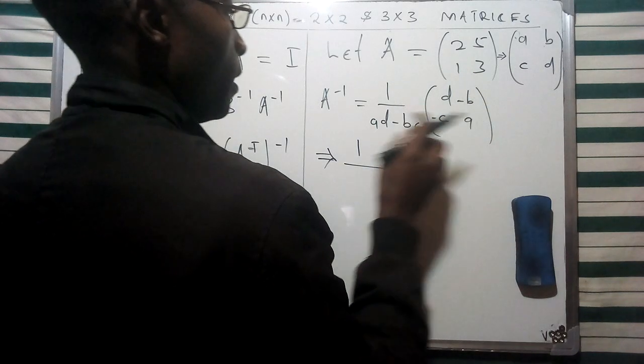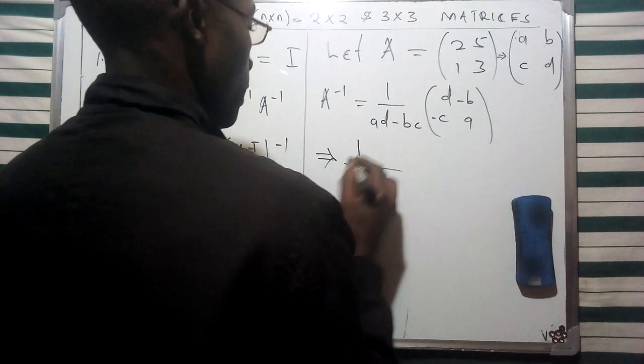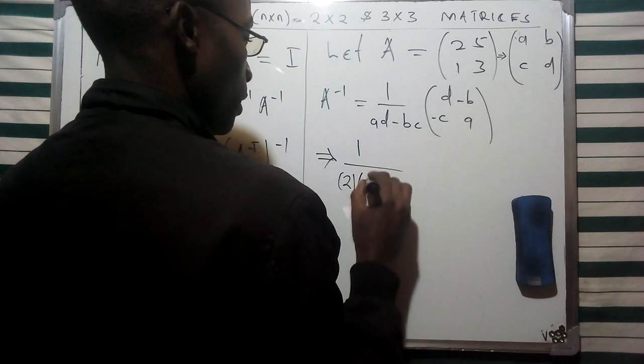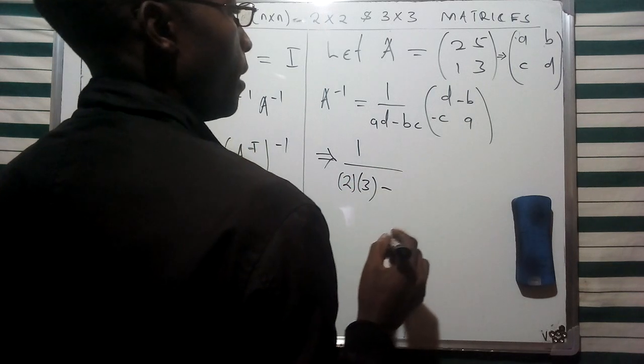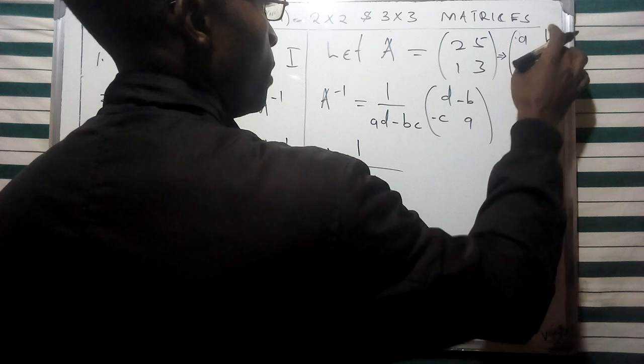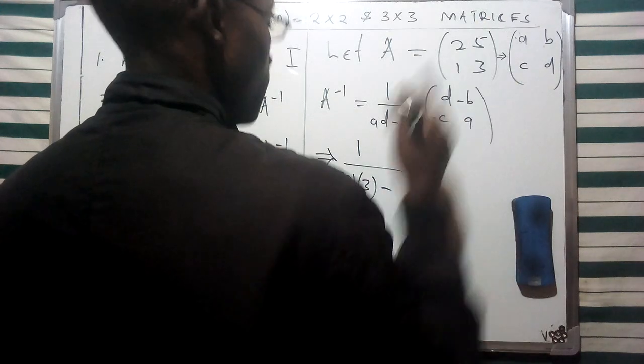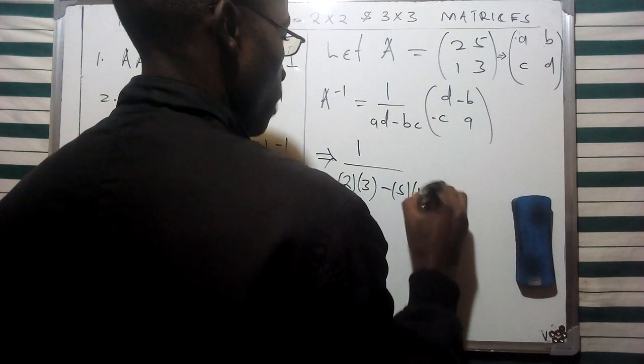So we're going to have AD, which is 2 into 3, minus BC, which is basically 5 times 1.